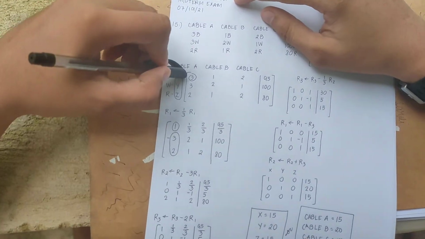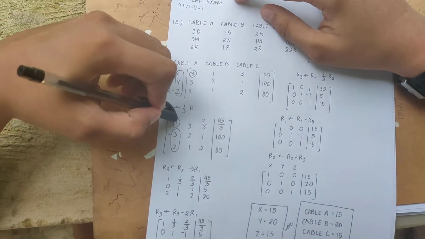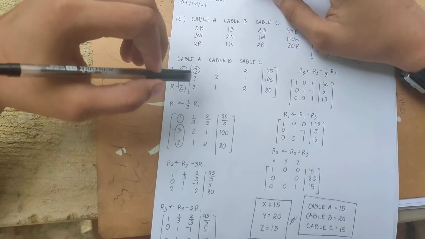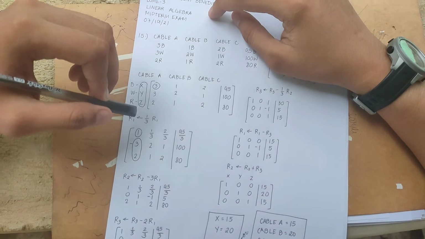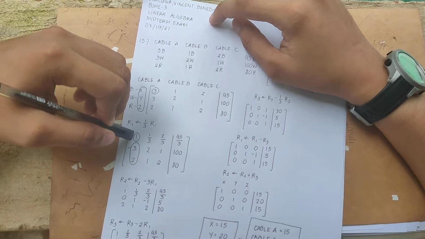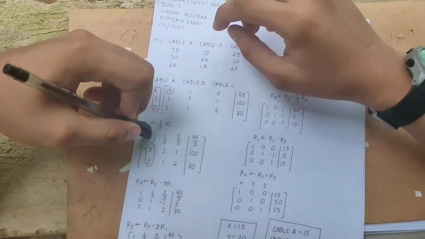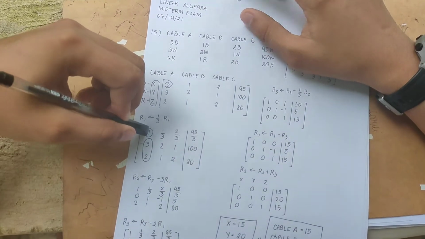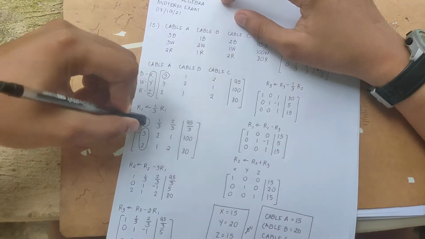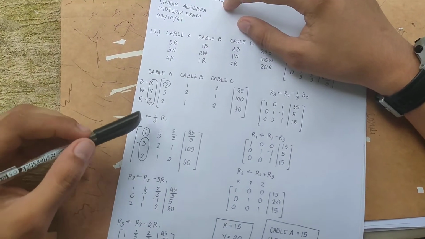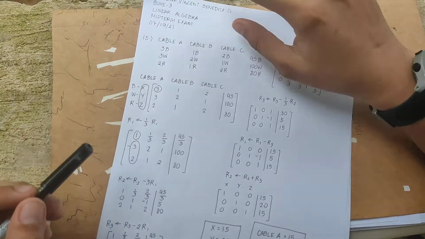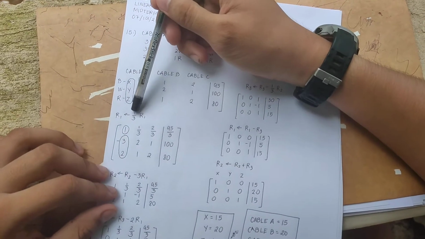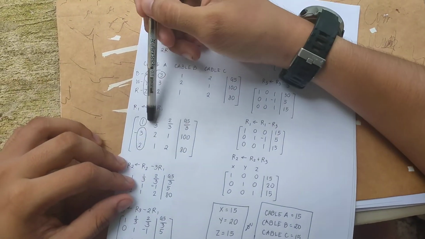First pala, ito yung pinaka-leading entry, gawin nating 1, which is nag-apply ng negative 3 in order to have leading entry of 1. And then next step is this equation, 1/3 times R1, which is lahat ng row 1 i-multiply mo sa 1/3. And this is the output.